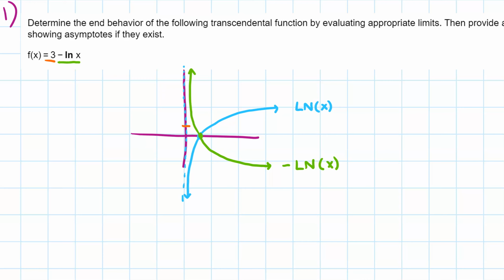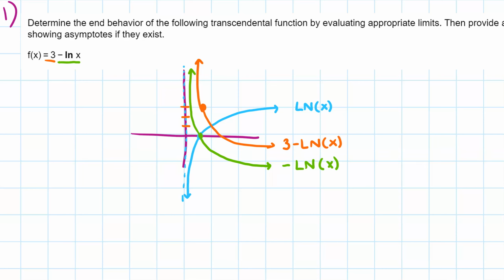So let's say that this is 3 here. So everything kind of moves up 3. So this orange graph is the graph of 3 minus the natural log of x.